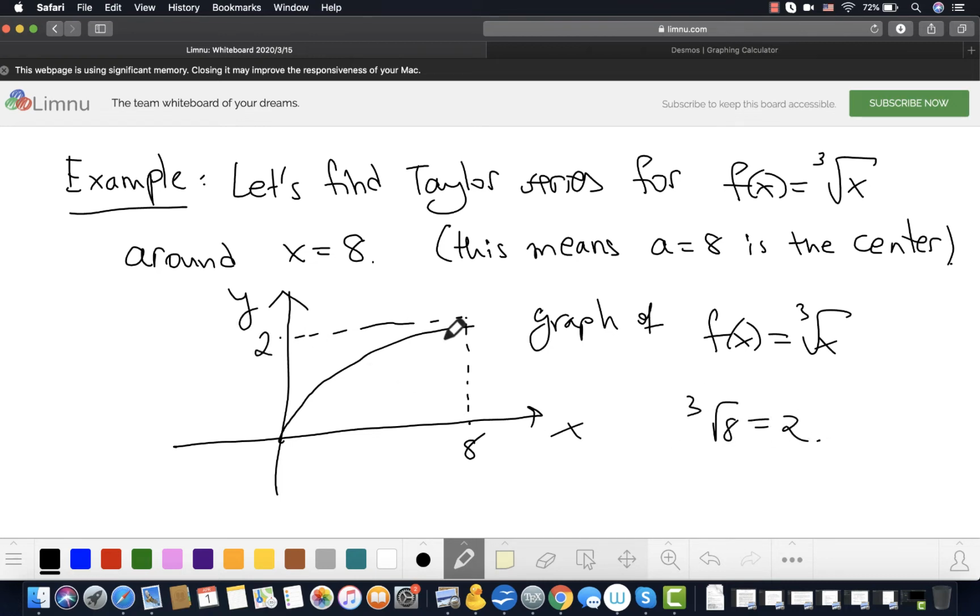So the y is 2 here. So we have this point here. Of course, the graph continues. And we want to write down a power series that represents this graph, and especially converges to this function near the point x equals 8.